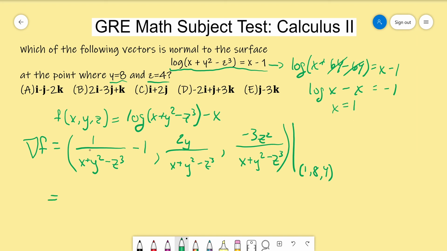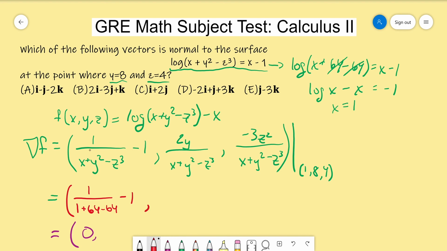So let's see what that gets us. Here we're going to have 1 over 1 plus 64 minus 64. So actually, the denominator in each of these is always going to be just 1. And here we have 1 over 1 minus 1, so this whole thing is going to be 0.